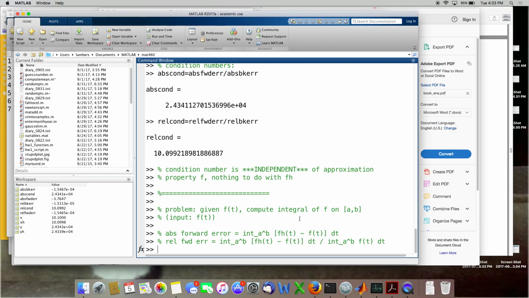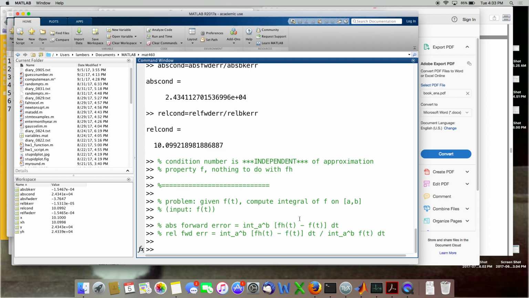So that's important to keep in mind. But here we'll assume it's non-zero. Okay. Now, what we'd like to do is get an idea as to how large this can be.